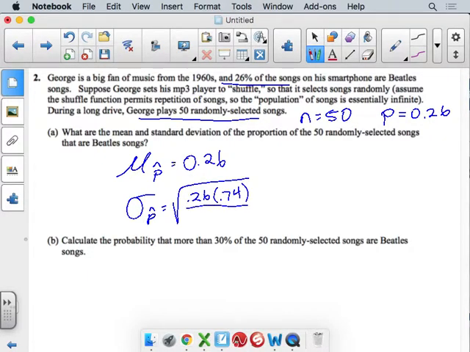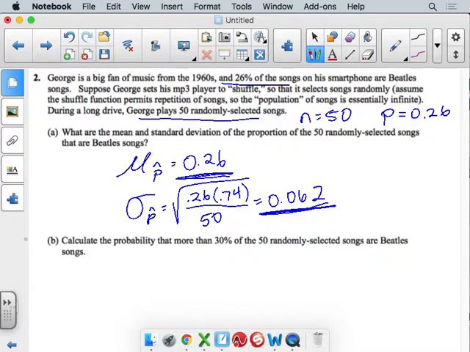Yeah, 74, over a sample size of 50. And that's about 6%, 0.06. So we expect an average of 26% of his songs to be the Beatles, but a lot of values are between 20 and 32 percent for a sample size of 50.